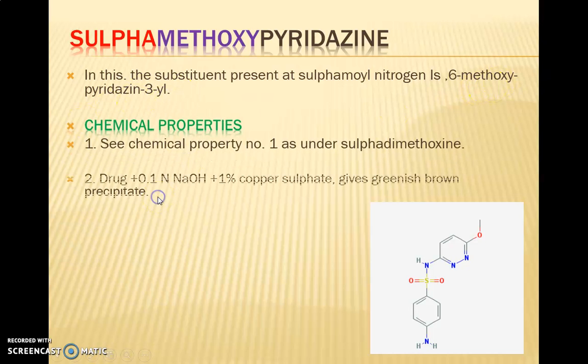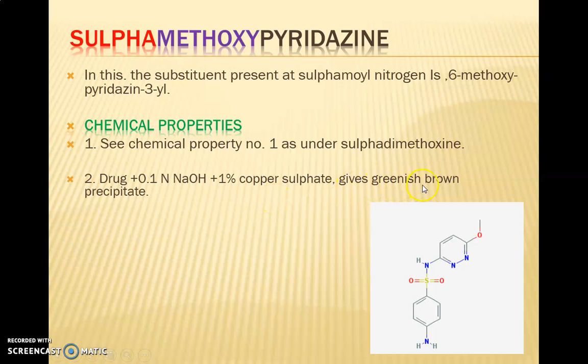Chemical properties include, first, the same as that of the sulphadimethoxine, and second, when this drug reacts with 0.1 normal NaOH and 1% copper sulfate, it gives a greenish brown precipitate. So basically this identification test will be the same, the reagents will be the same, but it will give a different color with different sulfonamides, and this will be the differentiating test depending on the color.